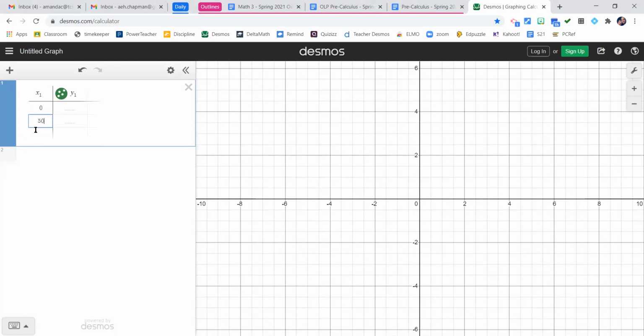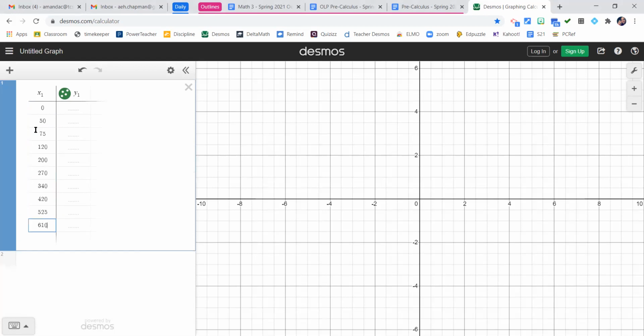So if I have 0, okay. So now it says to draw the scatter plot.